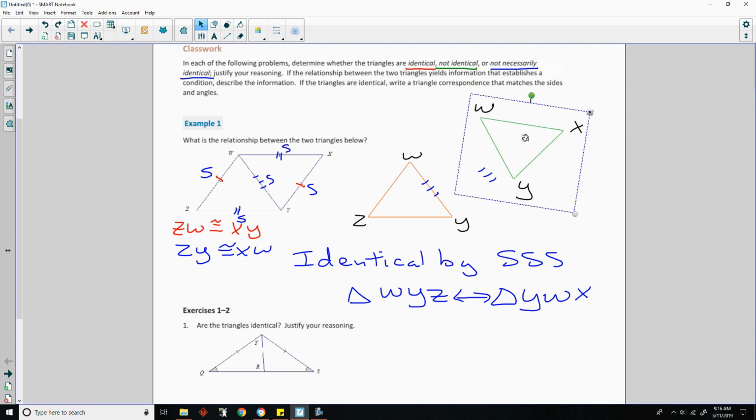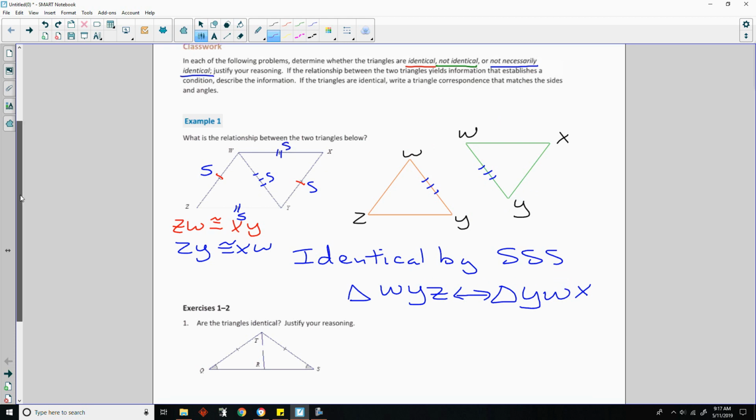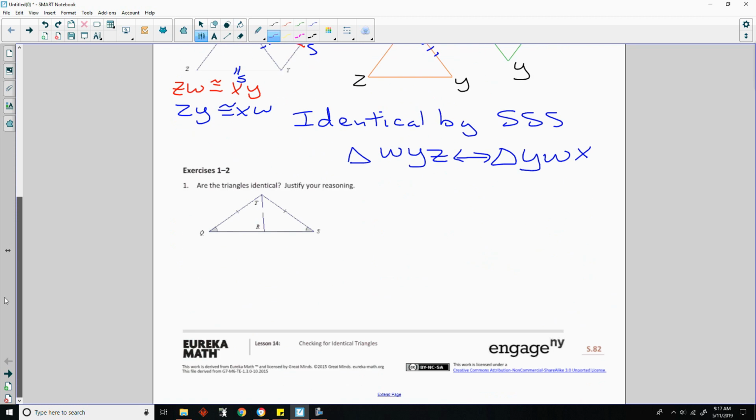I'll rotate this back to the way it was. Another way you can check this is YW is this side right here, and it corresponds to this one, but it's in reverse direction when I rotate it. So Y goes to W and W goes to Y. So that's what we have here, WY, YW. Okay, so anyhow, that is example 1.